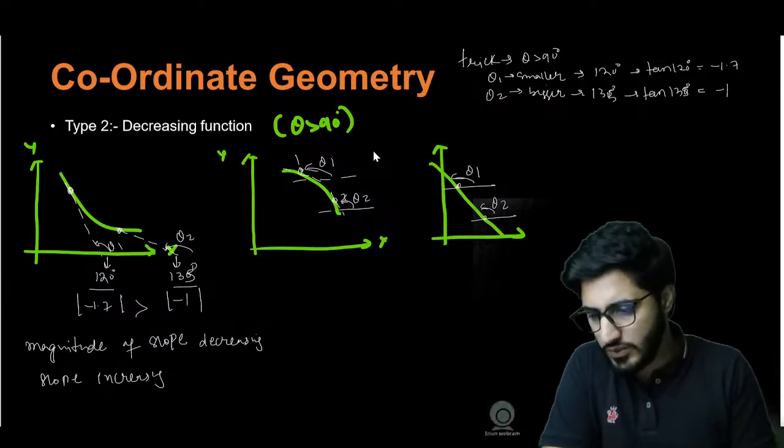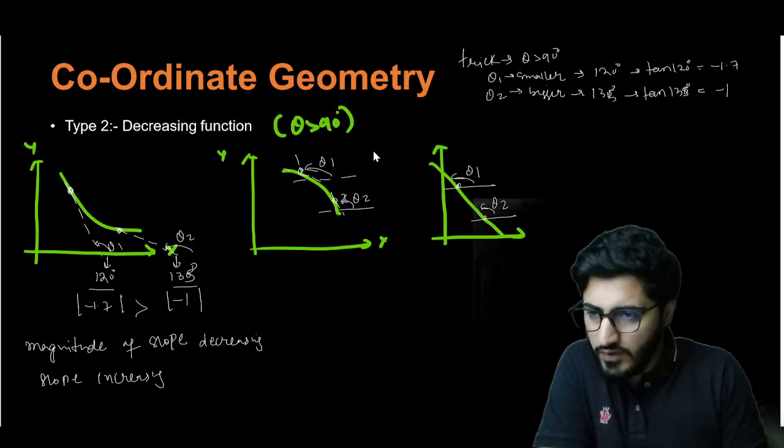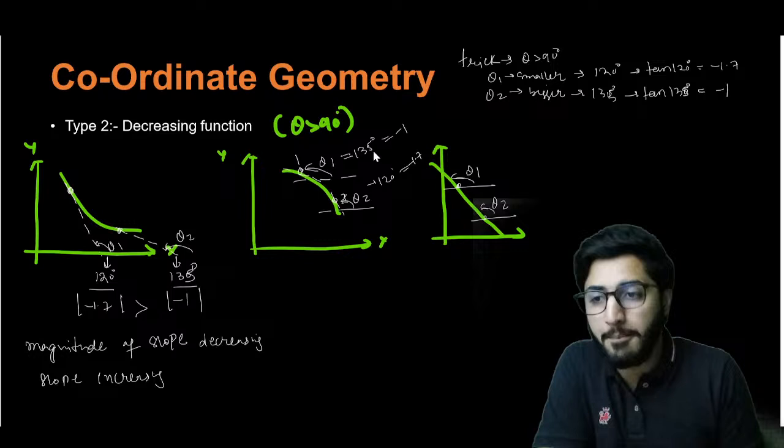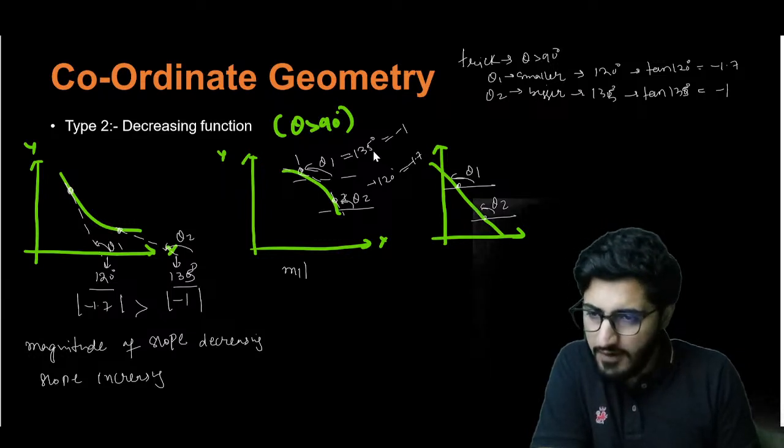Now second point, this one. Here also, this one is the bigger one now, so I can write it as 135. This one is 120. So it is minus 1, this one is minus 1.7. So you can write the slope is decreasing but magnitude is increasing. Clear? So you can write slope m1 magnitude is less than m2.